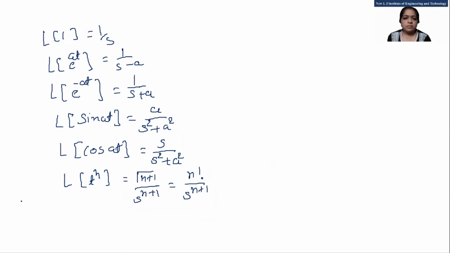One more is there, that is Laplace of sine hyperbolic at. Laplace of sine hyperbolic at is a upon s square minus a square. In sin at, there is a plus sign in the denominator.